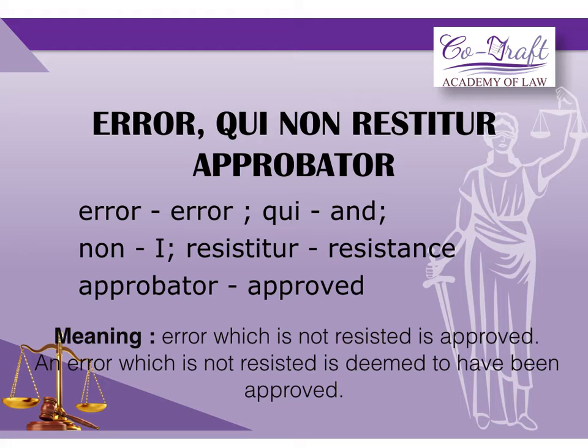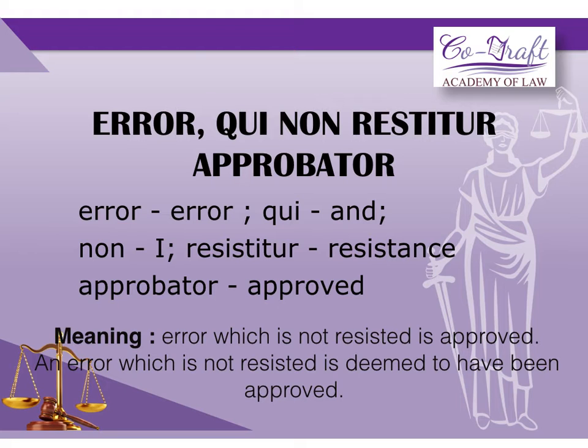Non means I. Restitur means resistance. And approbator means approved. So what does this maxim actually mean?